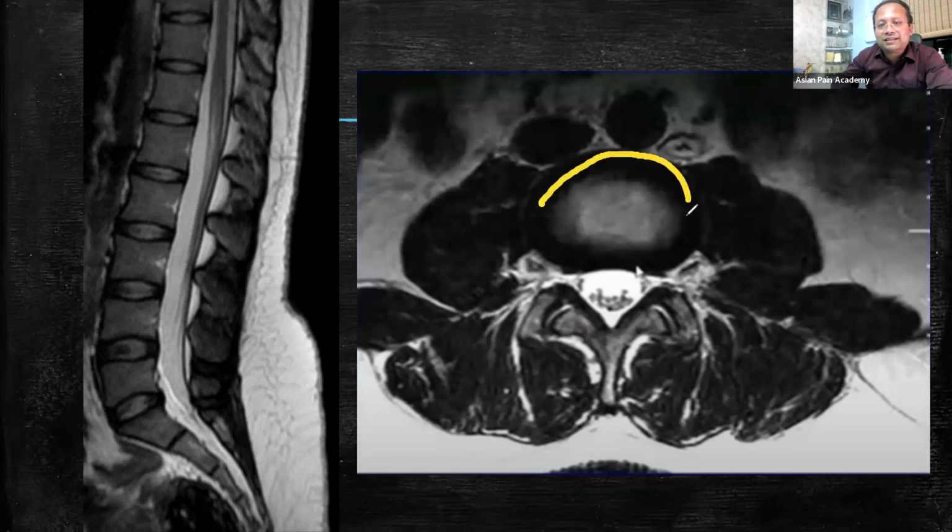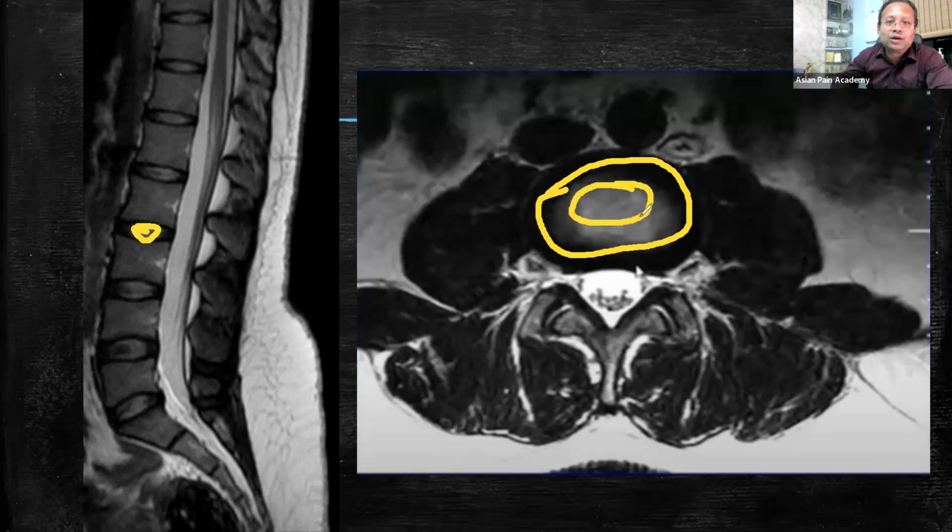It can be disc. Otherwise, if it were bone, then this color and this color would be the same. But it is not the same. So you understand that this is disc. This part is the annulus fibrosus, and this part is the nucleus pulposus. As we can see, this white part and this white part are the same. So this cross section has been taken through the disc.